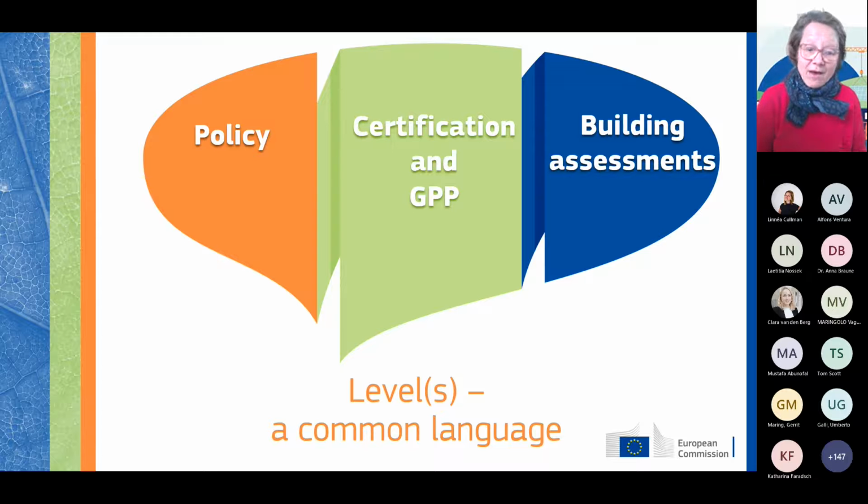You may also be aware that the Commission is working on the further development of the sustainable finance taxonomy. There is already a delegated act in relation to this when it comes to climate change, but we are now developing yet another delegated act, which is more linked to circularity and zero pollution.